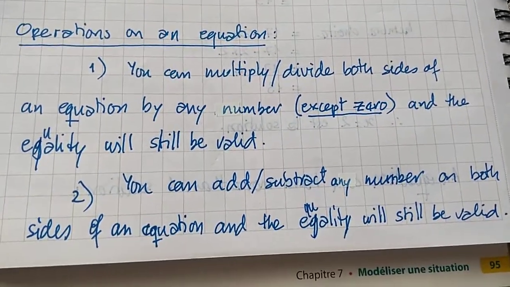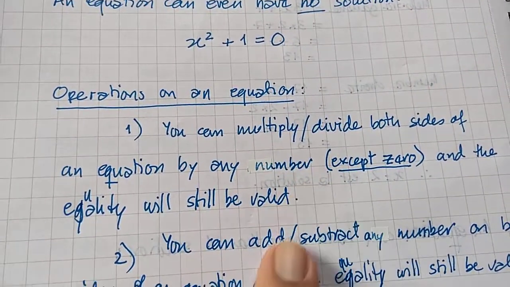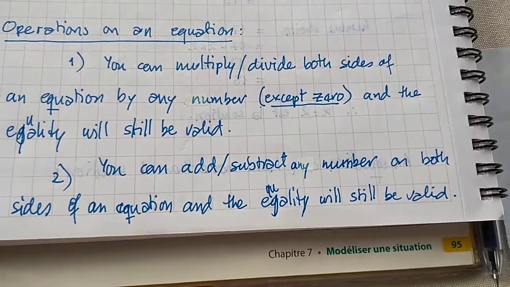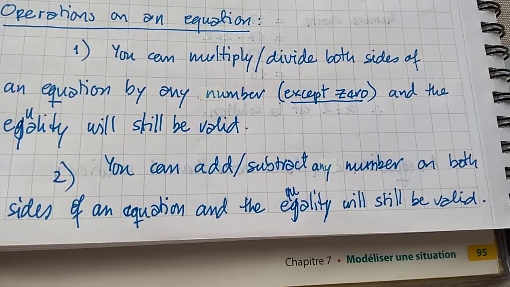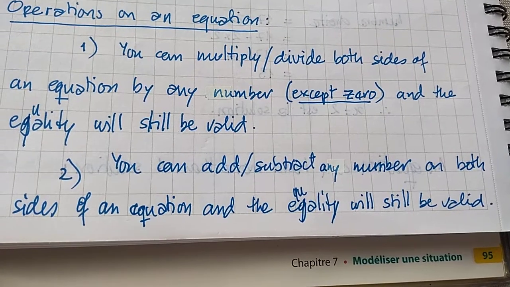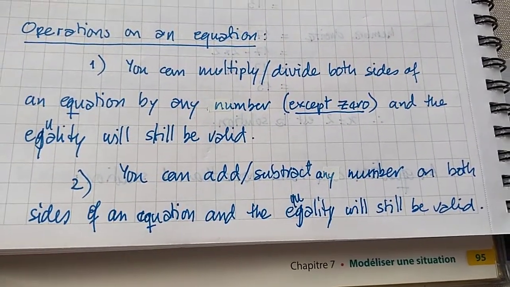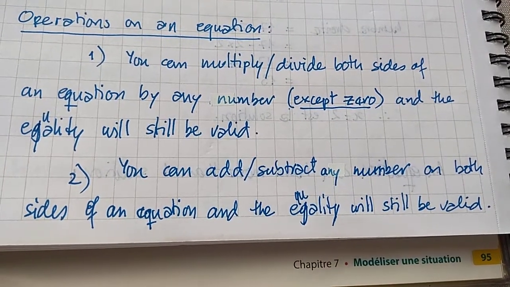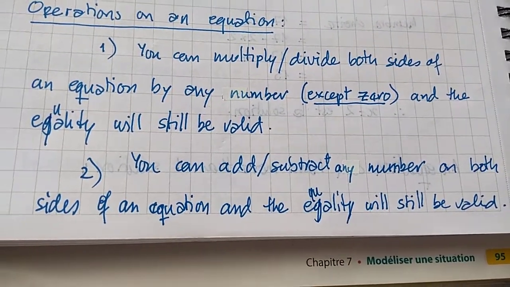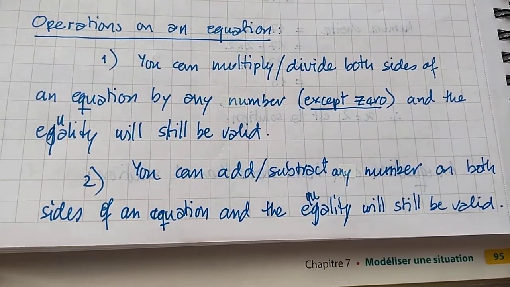Here I've done the multiplication and division, and similarly if two people have an equal number of bananas and I give the first person 3 more bananas and the second person also 3 more bananas, they will still have an equal number of bananas. And similarly, if I remove one banana from each one of them, they will still have an equal number of bananas.